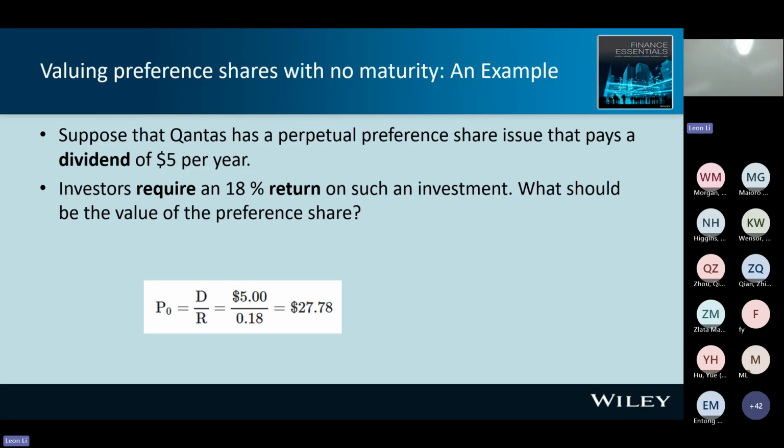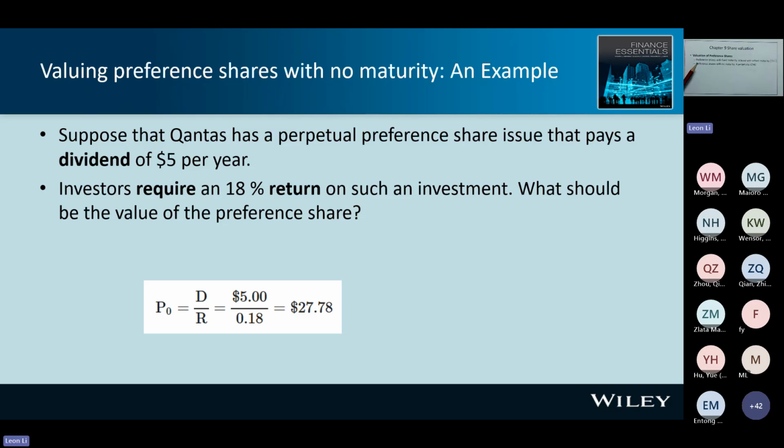Okay, we finished the lecture. So again, let me review the key concept for the preference share. If we have a maturity date, the preference share will be like a bond with a fixed maturity, right? You can refer to our chapter 7 for bond variation.